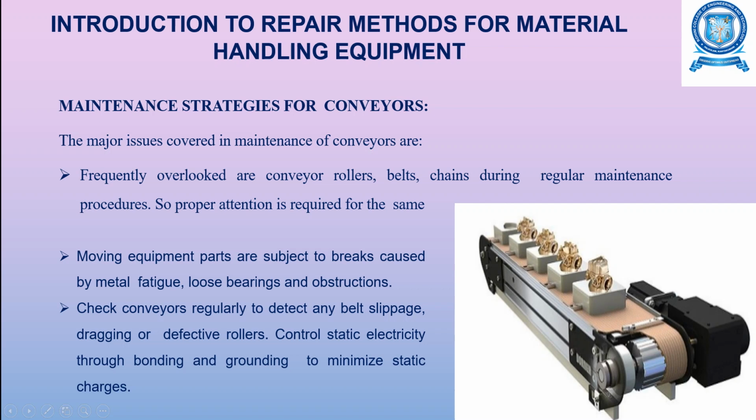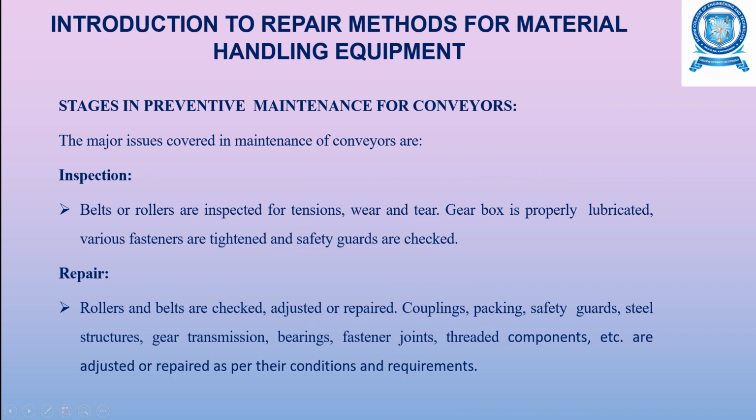And moving equipment parts that are subjected to breaks caused by metal fatigue, loose bearings, and obstructions have to be inspected. And conveyors should be checked regularly to detect any belt slippage, dragging, or defective rollers, and static electricity should be controlled through bonding and grounding to minimize static charges. So these are all the maintenance strategies for conveyors.